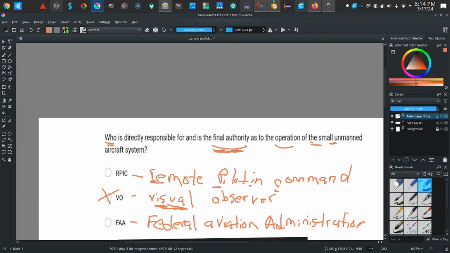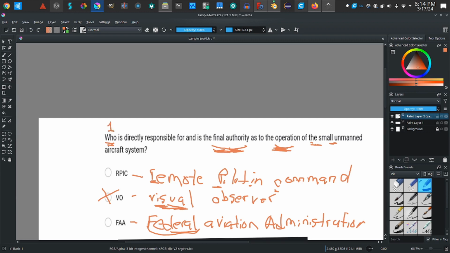See right here? Final authority, visual. Is the visual person who's just watching the final authority? Does the visual person operate anything? Federal aviation. Federal. Big giant government. I just underlined the word federal. If it's the big government, it's not the government right there with you holding the drone in your hand.